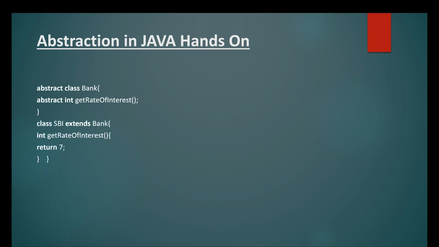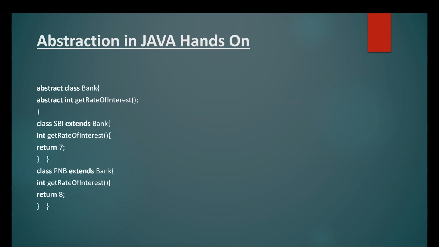So we write a class SBI, we extend the bank, and then we implement this abstract method here, that is returning 7. Okay, now let us take another example, that is PNB. This concrete class is also extending the abstract class bank, and it is returning rate of interest 8.